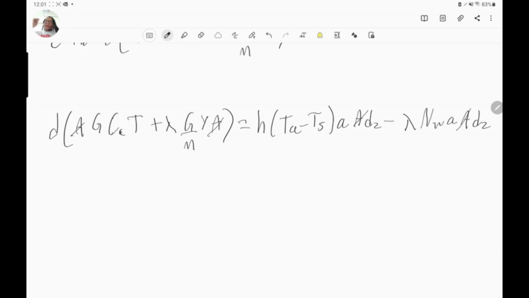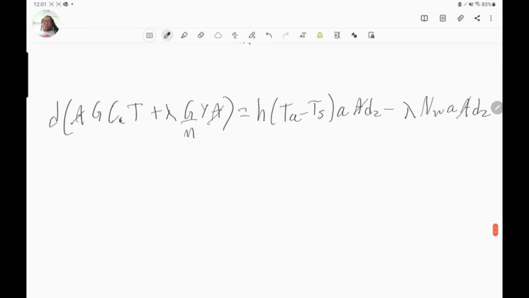And from there, we again were given that this is a steady state. So we can say that our mass flow rate, our G, our specific heat, and this whole coefficient, if you will, will be constant.